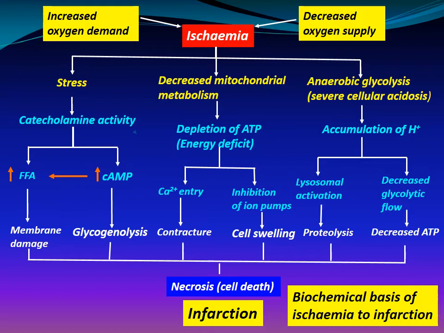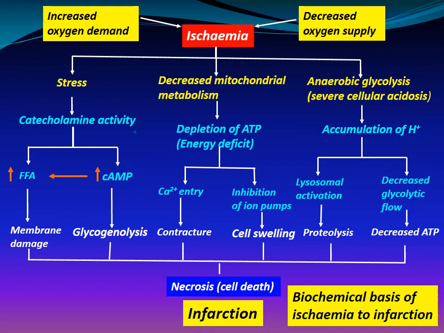Development of ischemia leads to stress, decreased mitochondrial metabolism, and anaerobic glycolysis. Stress induces catecholamine activity, which leads to elevated free fatty acid and cyclic AMP. Elevated free fatty acid level causes membrane damage. Elevated cyclic AMP causes glycogenolysis.